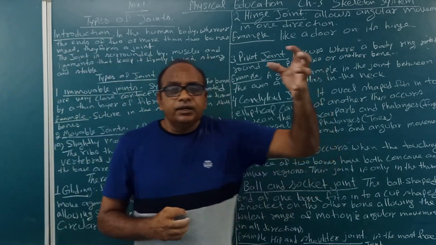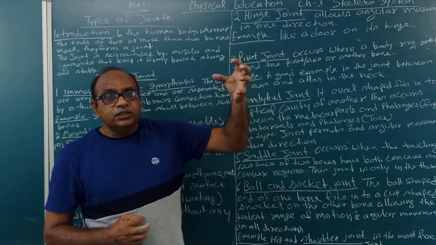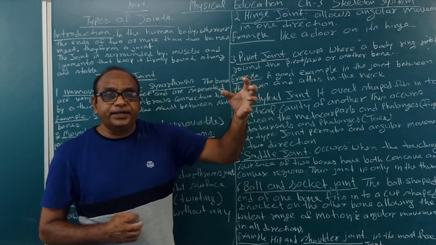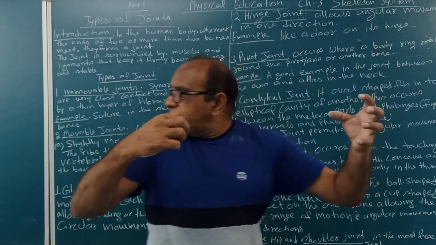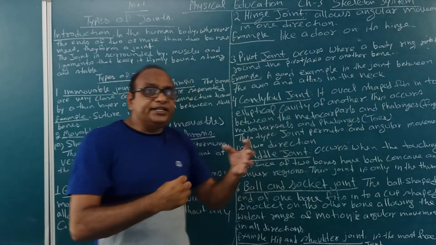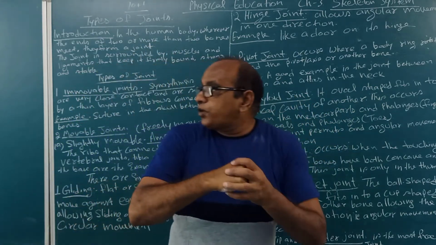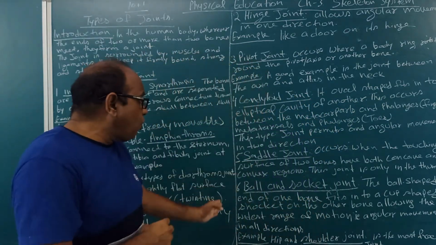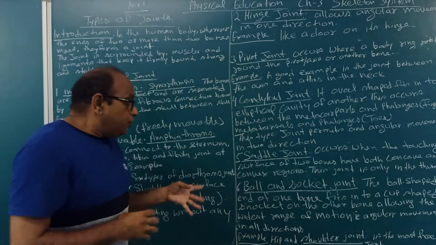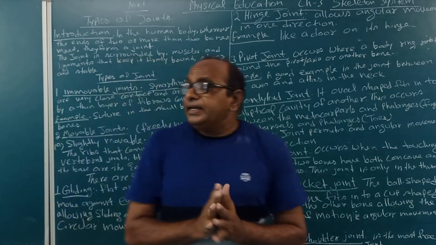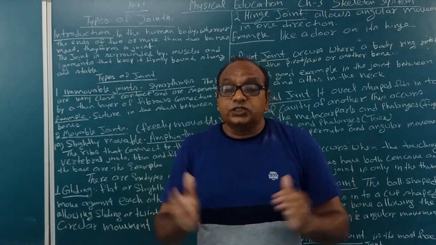Here is the socket in this joint, and the part of the bone that is called the ball is fixed into this socket, so it is called ball and socket joint. You can move in any direction.